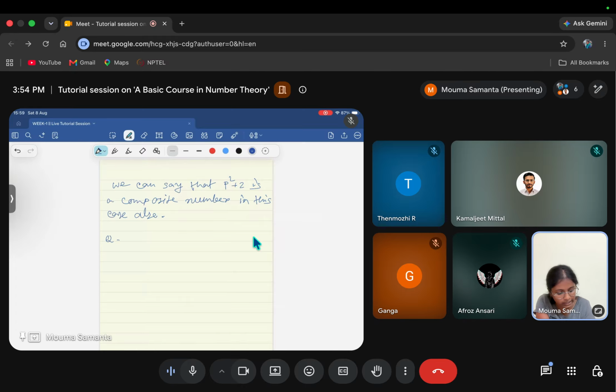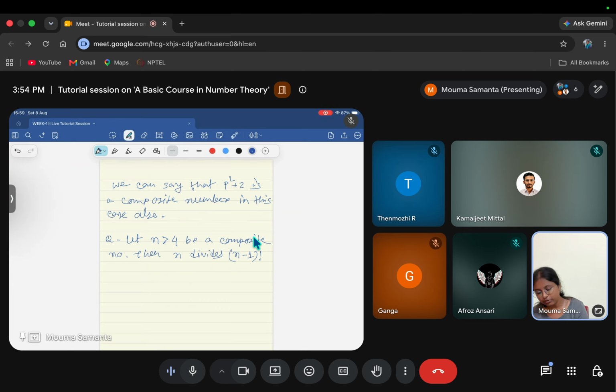So let's try another question. The question is: let n greater than 4 be a composite number, then n divides (n minus 1) factorial. This is the thing we need to show.